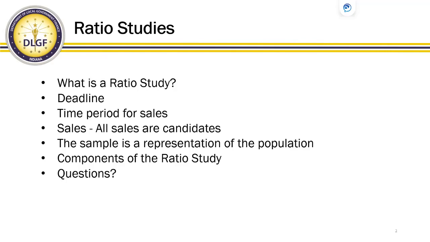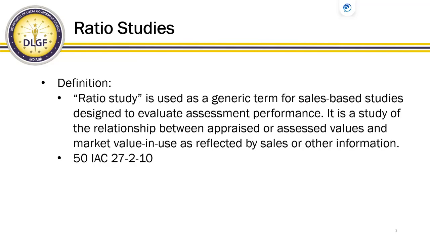Then lastly, Barry will go over the components of the ratio study submission, all the different files that you'll want to have submitted in order for us to start your ratio study approval process. And then, as Jenny has mentioned, we'll have a time for questions, so you can queue those up in the chat bubble up top, and we'll get to them at the end.